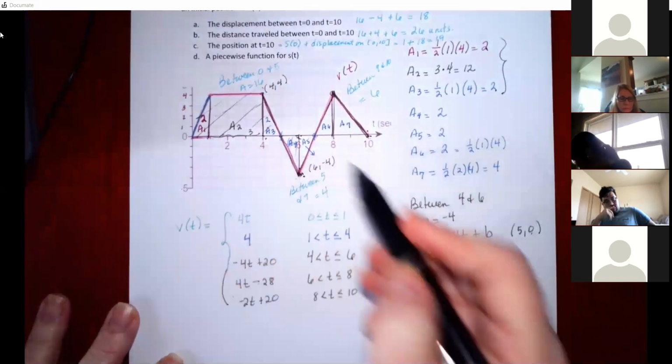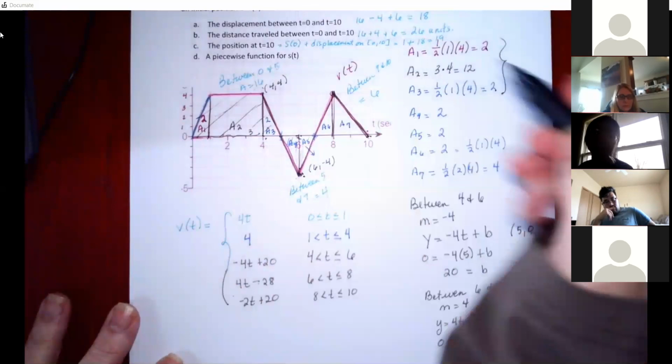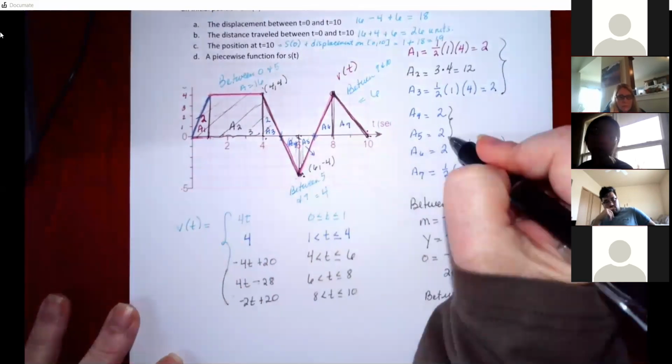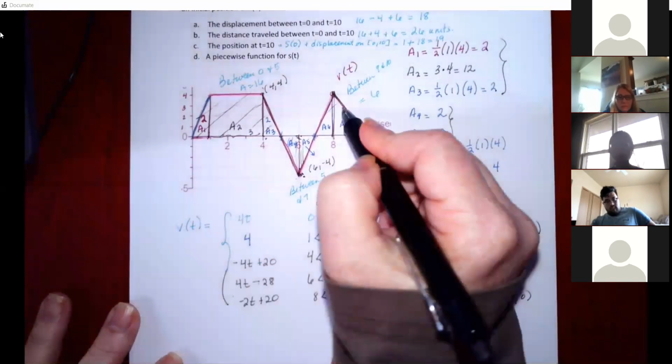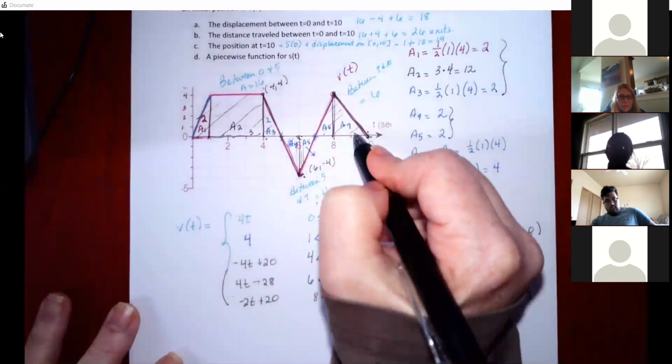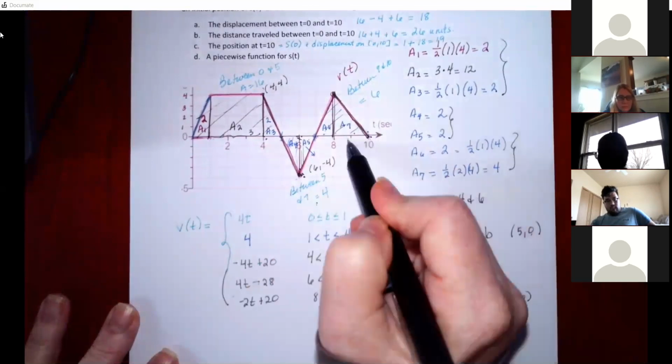Then for this total, I took the area of this triangle and this triangle, added those together and got a 4. And then for this last total, it would be this triangle plus this triangle, which was a 2 plus a 4, or a 6. Okay.